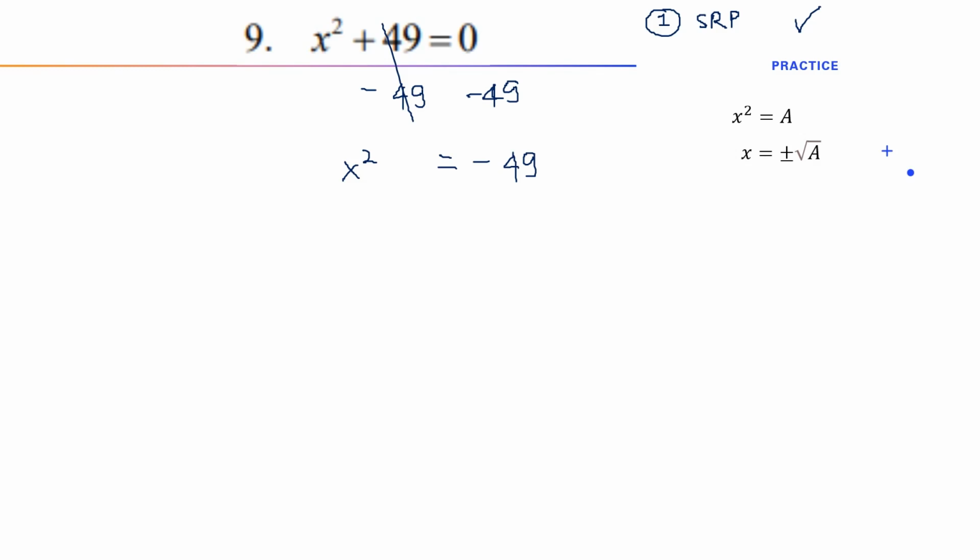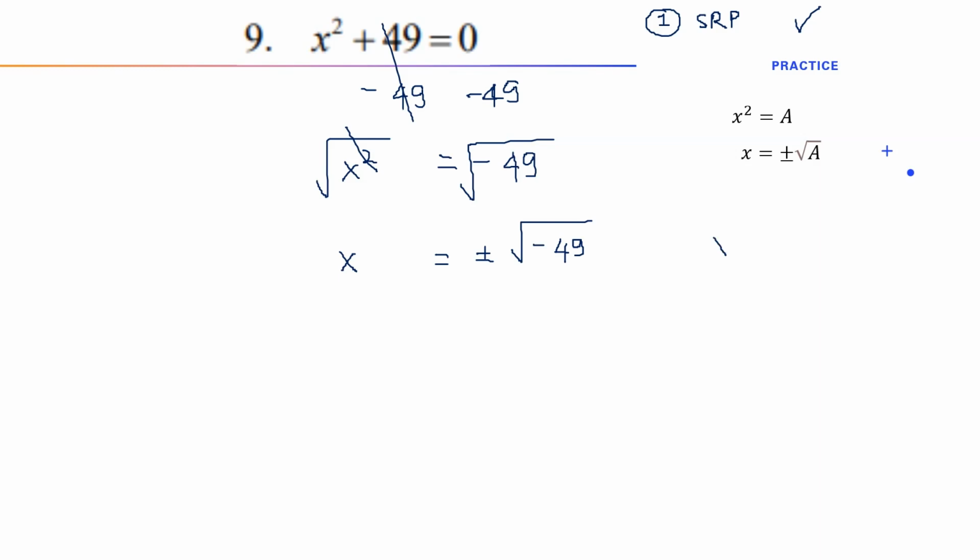Then we apply that. We take the square root of both sides. This one cancels. Plus or minus square root of negative 49.